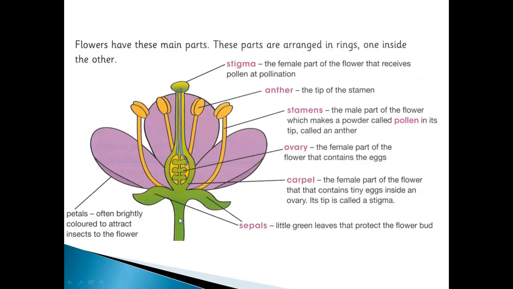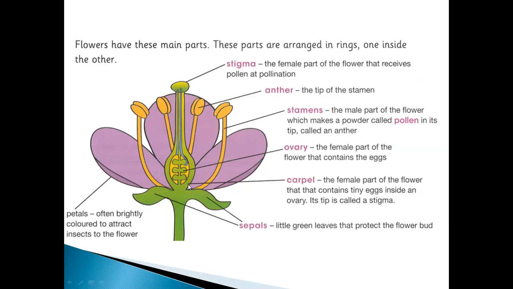After this, the carpel. This is the female part of the flower that contains tiny eggs inside an ovary. Its tip is called the stigma.